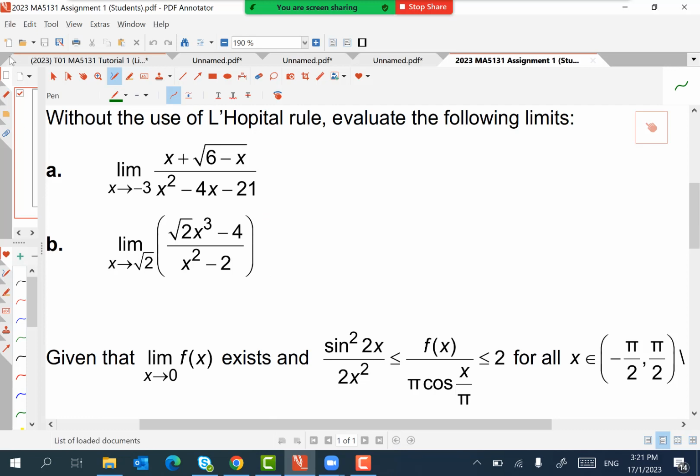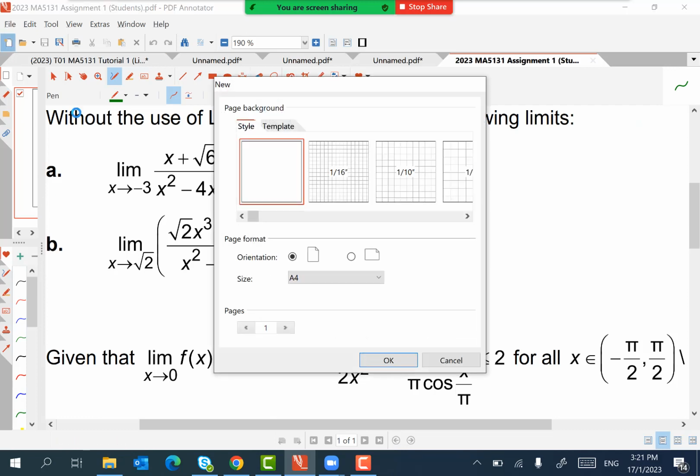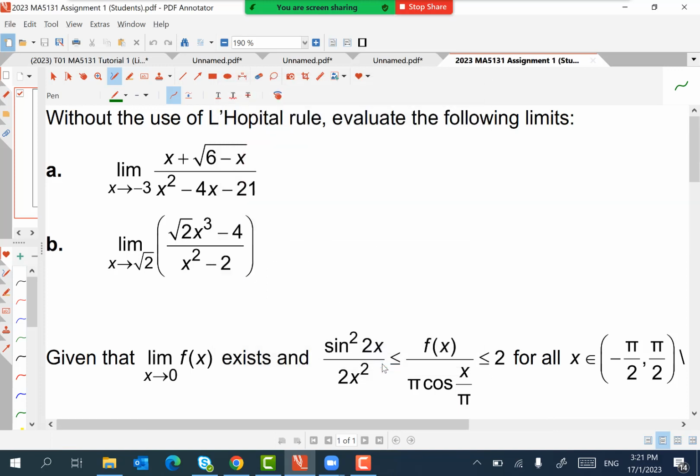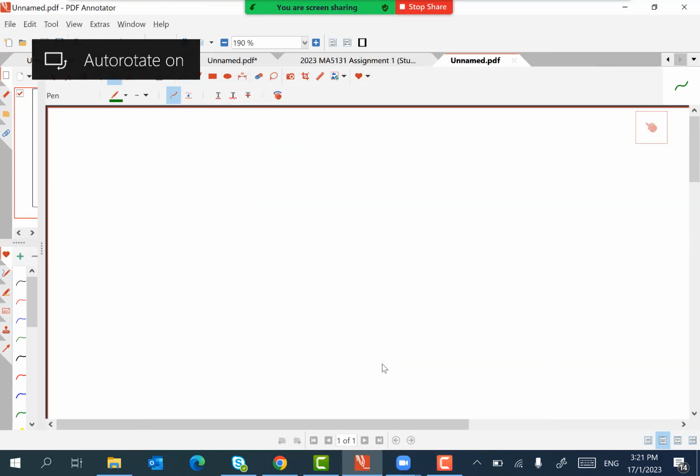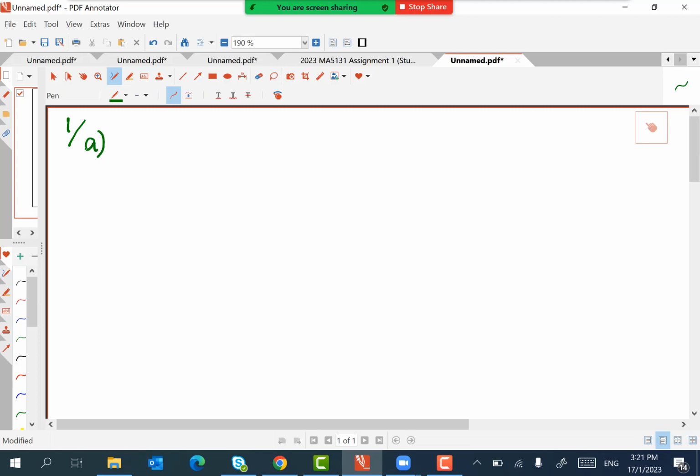Okay. Let's go through our first question in the assignment. Number 1A: the limit as x goes towards -3 of x plus the square root of 6 minus x over.